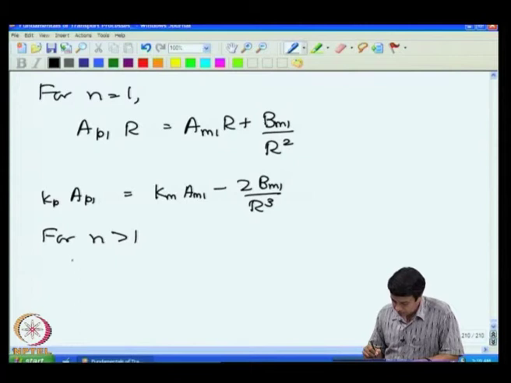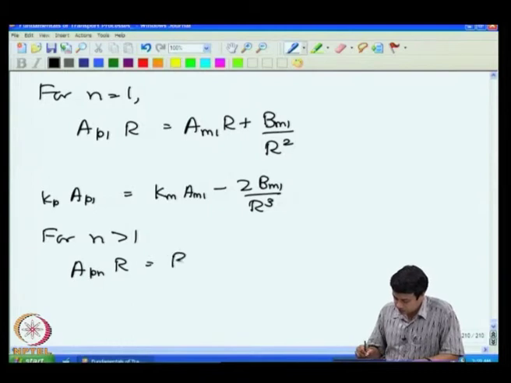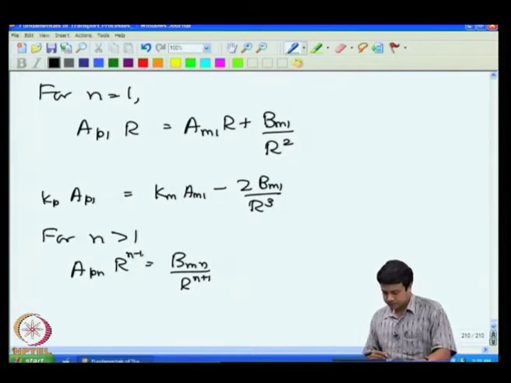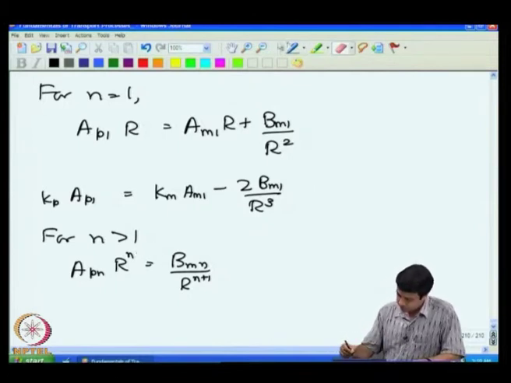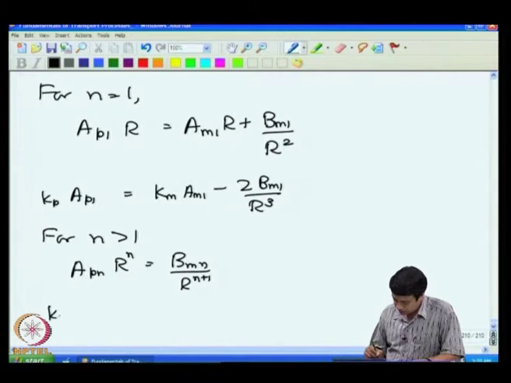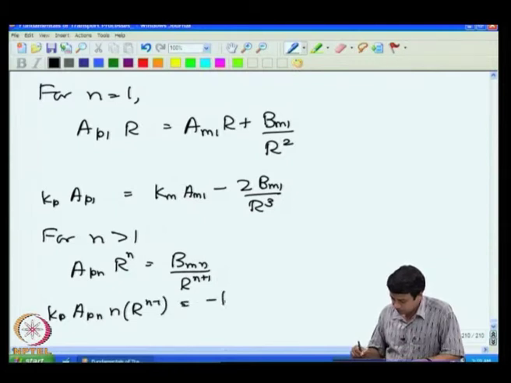So, I will have the temperature condition A_pn r is equal to B_mn by r^(n+1), and K_p A_pn n r^(n-1) is equal to minus K_m B_mn by r^(n+2) into (n+1).